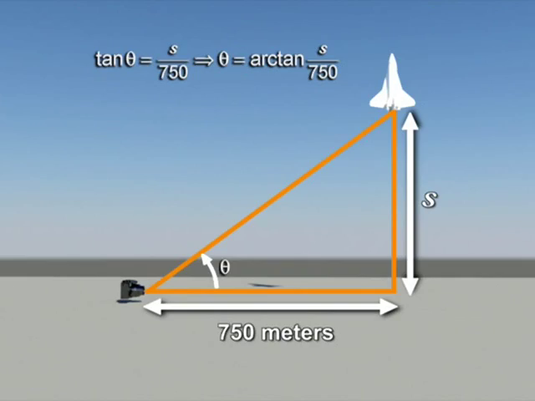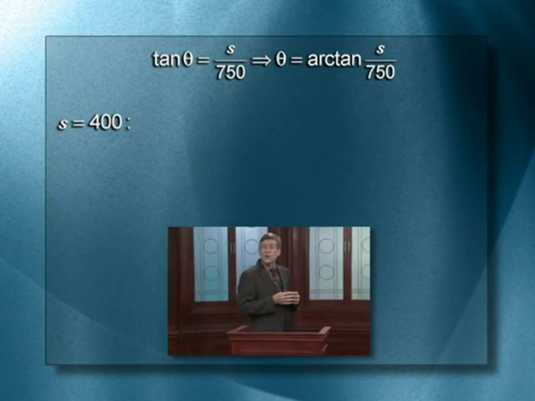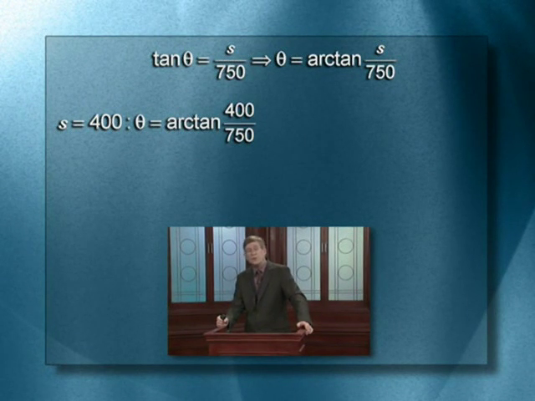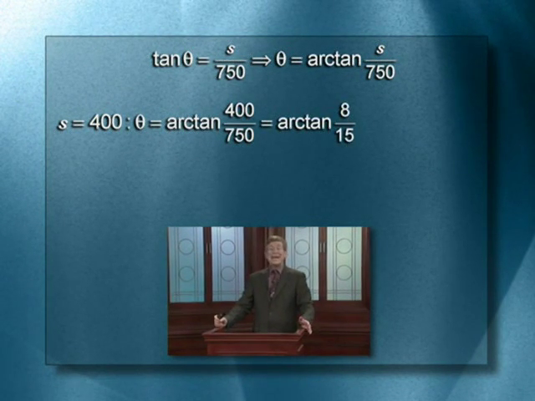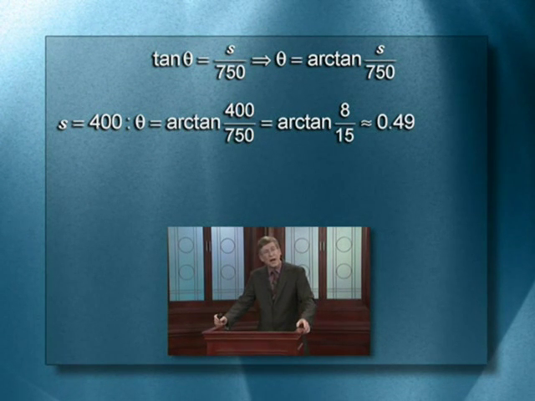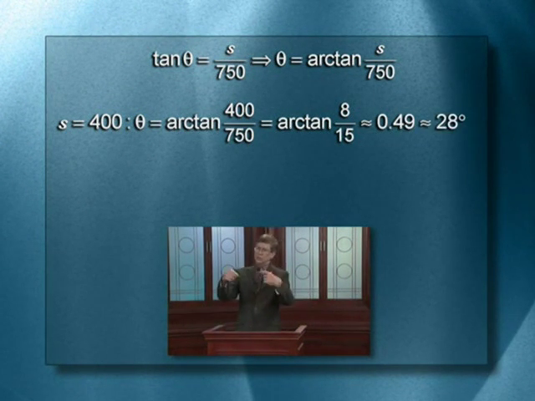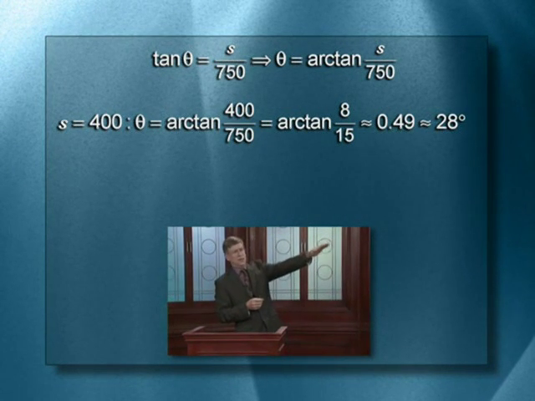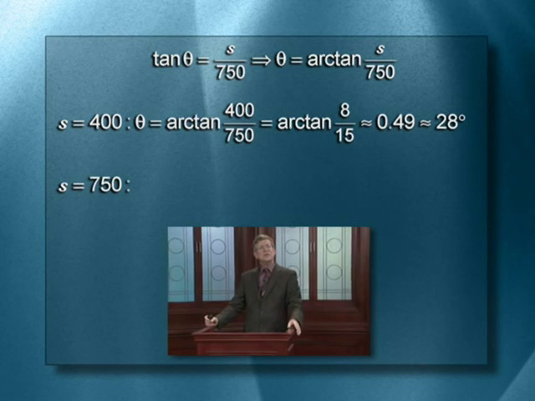Let's plug in a couple of values. If S is 400, then arctangent of 400 over 750 reduces to arctangent of 8 over 15. That's approximately 0.49 radians, which if you change over to degrees is about 28 degrees. It's not much of an angle yet. How about 750?